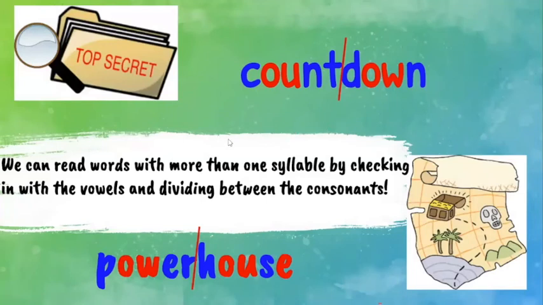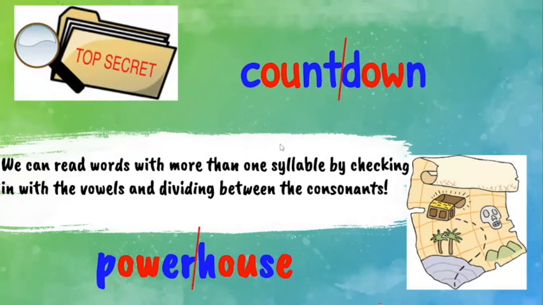The goal of practicing all of these different syllable types is to then really get into reading words with more than one syllable. And what you always want to remember when you're reading words is to check in with those vowels. You can see I have my vowels in red and my consonants in blue.